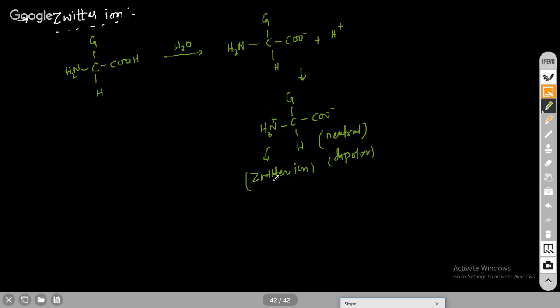First of all, write down this point: the structure of the amino acid depends upon the nature of the solution, in bracket acidic or basic, in which it is kept, and the pH of the solution also. Nature or pH, both are related only.